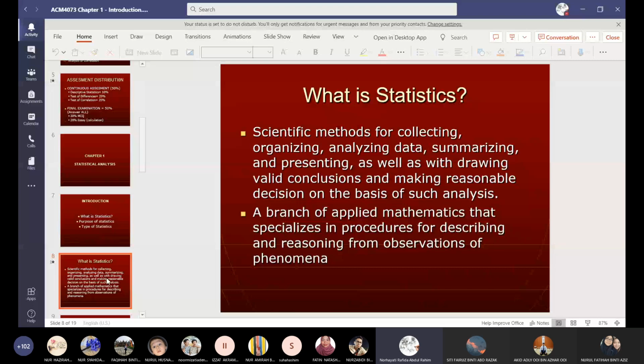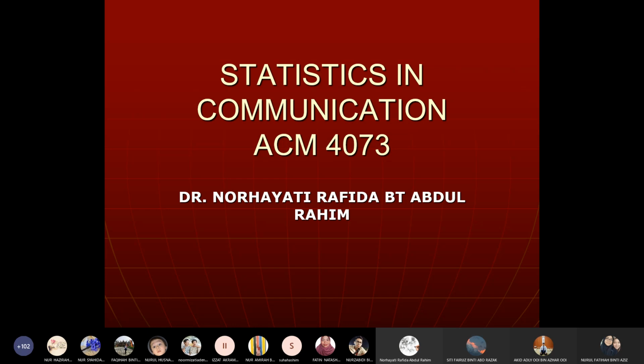A branch of applied mathematics that specializes in procedures for describing and reasoning from observations of phenomena. Applied mathematics means if we include numbers. Those answers from respondents are in numbers. If you go for qualitative, let's say you're going to ask, how do you feel about COVID-19? Your respondents will have different answers.